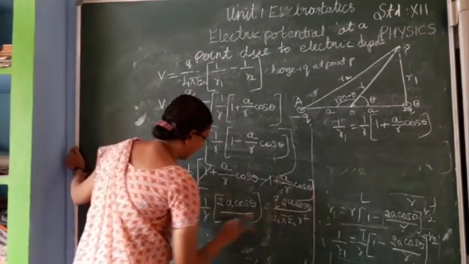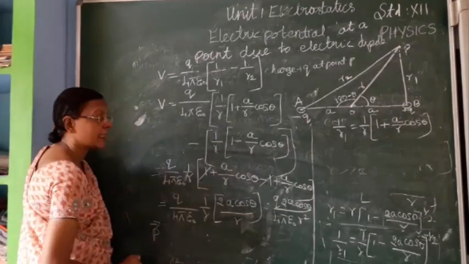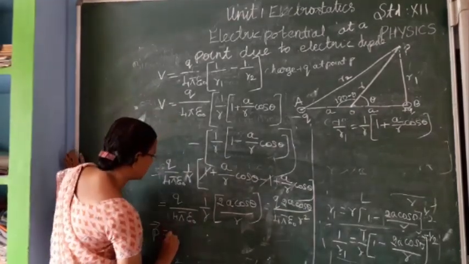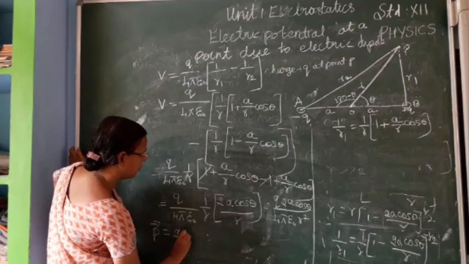We already know the P vector, the electric dipole moment: P vector is equal to 2qa.